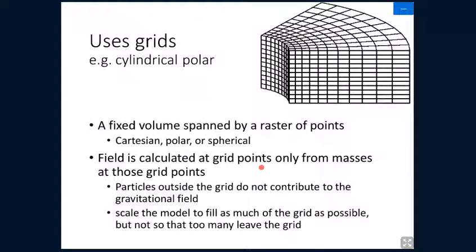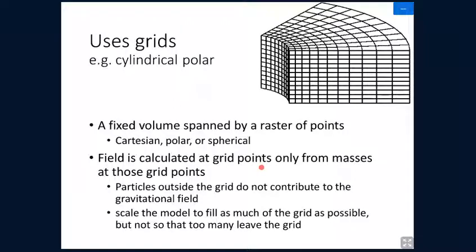The advantage of the grid method is that the field is calculated at the grid points very efficiently, and then the particles are accelerated as a result of the field. But the only masses that can contribute to the calculation are those that are within the grid. So if you have a lot of particles that have spilled outside the grid, then you're going to find that they're not going to contribute to the gravitational field, and the calculation will be compromised.